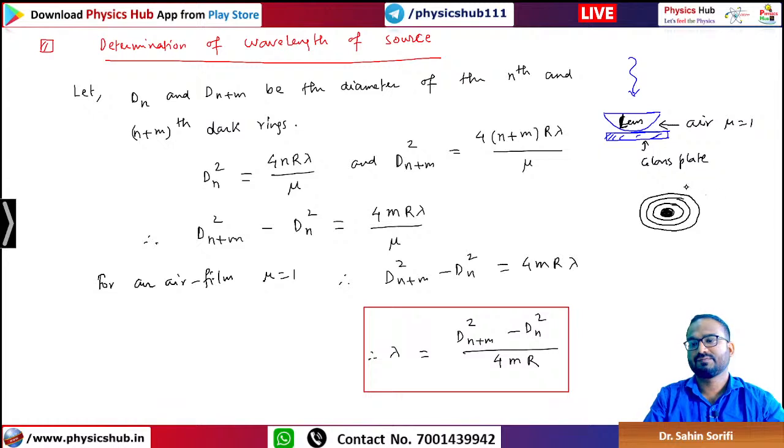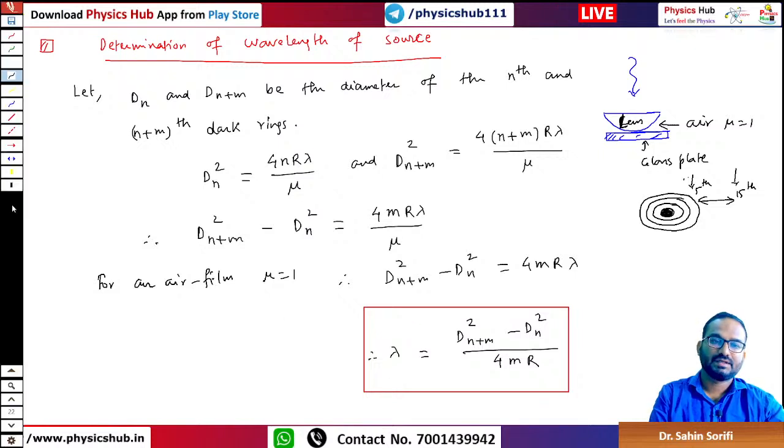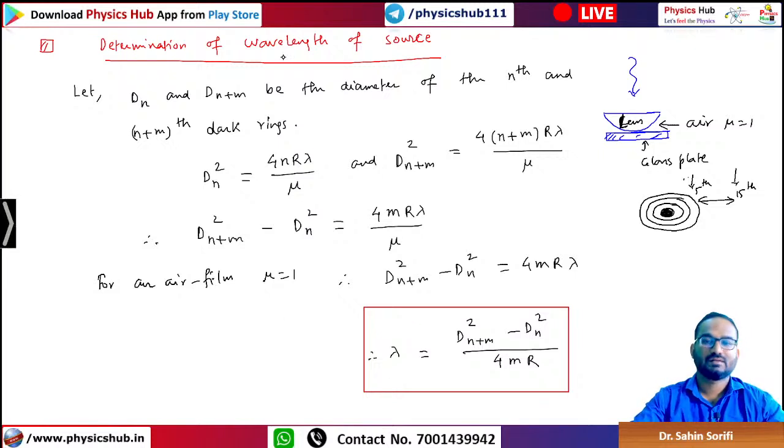Let's say you take the fifth ring and the 15th ring, you can easily measure the diameter with the help of this telescope or whatever instrument you have. From the difference of the diameters and putting in the radius of curvature value, you can easily get the value of lambda. So in this way, Newton's ring helps to determine an unknown wavelength.